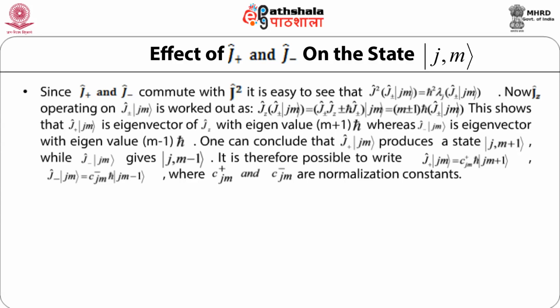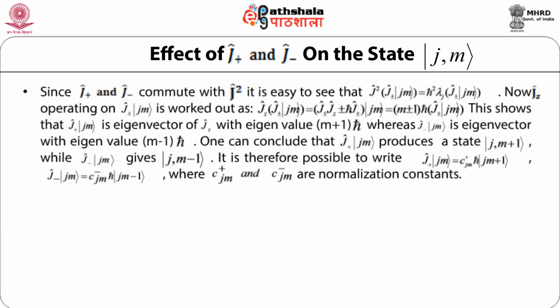Now, since we have seen that J_+ and J_- are not Hermitian operators, but both commute with the operator J², it is therefore easy to show that J² acting on J_+ acting on the state |j m> gives ħ² times λ_j times J_+ acting on the state |j m>.